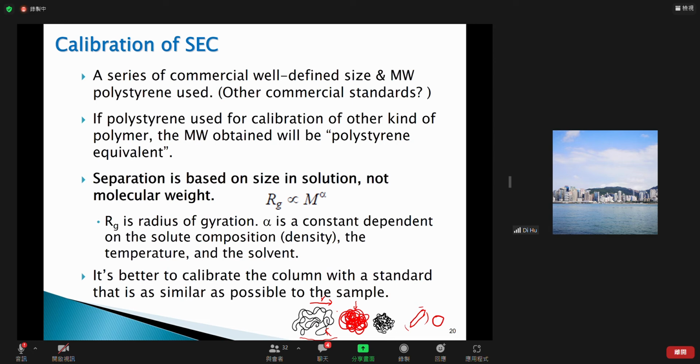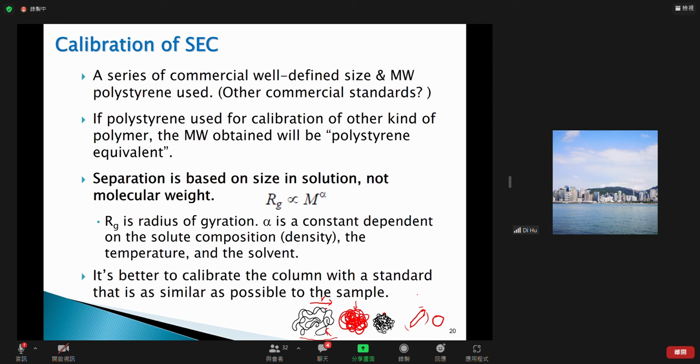So they all matter. We just know that for a certain type, as molecular size increases, molecular weight increases. But the rate at which the molecular size increases with molecular weight varies for different types of sample conformation. Understand? Okay.